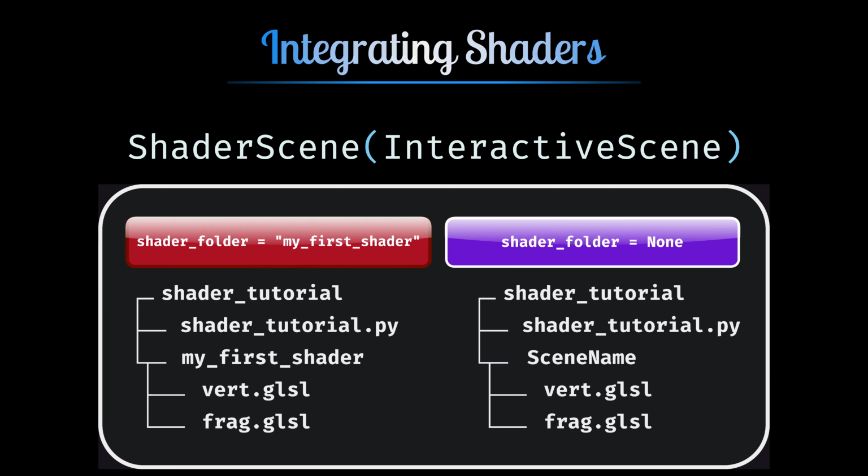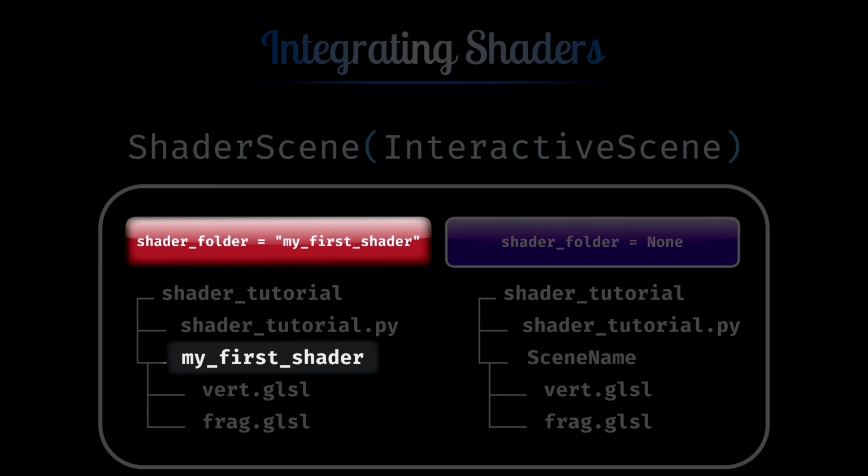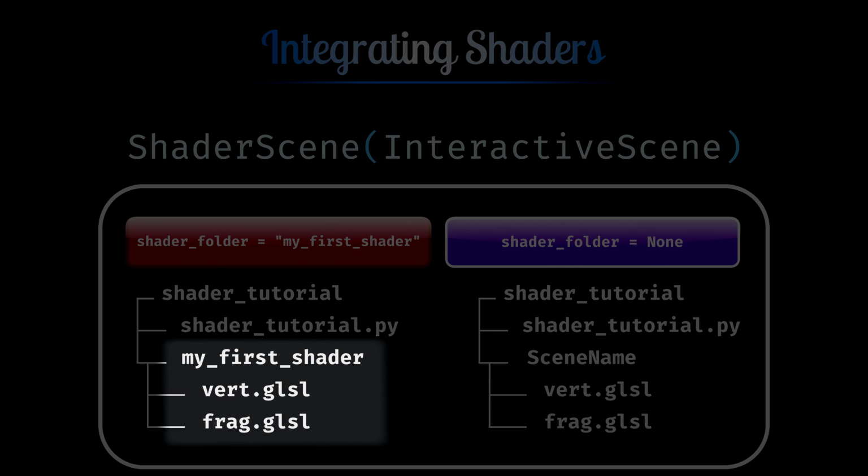And I want to specify that the folder path must be relative to the Python script file. Suppose I have my animation code in some Python file shader_tutorial, and I set the value of shader_folder to my_first_shader. Then the folder of the name my_first_shader must be in the same directory as the shader_tutorial file. And inside that shader folder, there must be two files with the exact names, frag.glsl and vert.glsl.